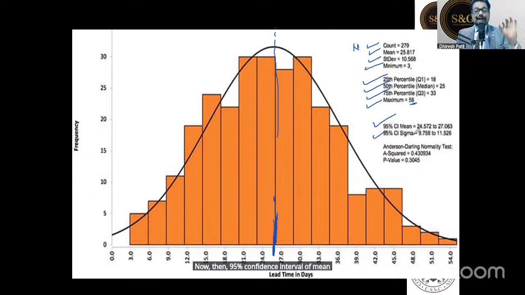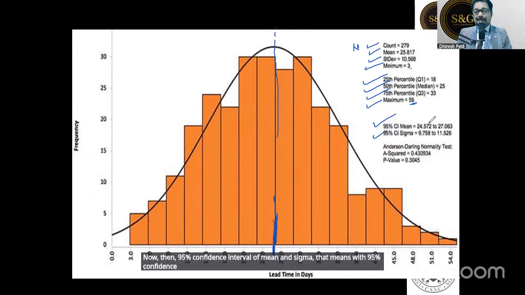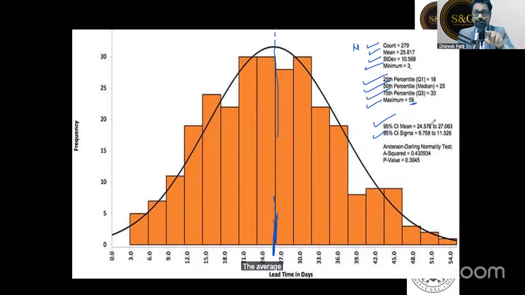That means with 95% confidence, the average of the population will lie between 24.5 to 27. And the standard deviation of the population will lie between 9.7 to 11.5.